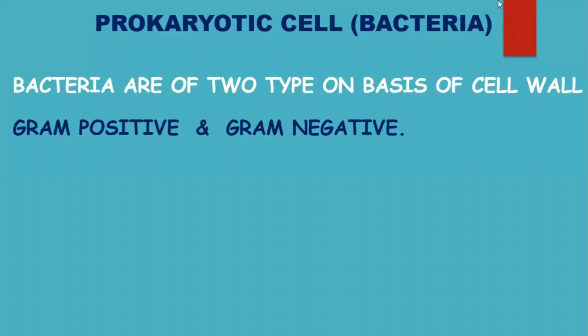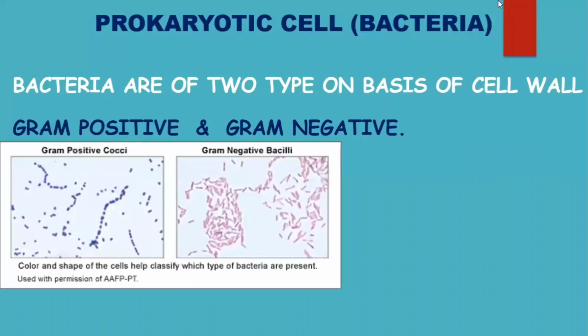So definitely very important. I have shown you a picture here. On the left side, you can see a stain where you can find darkly stained bacterial cells. They are gram positive. On the right side, you can see a lightish shade, violet color. They are gram negative bacillus.